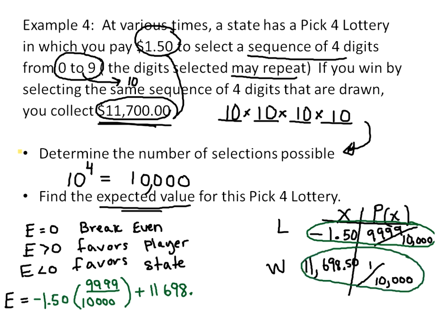Again, we multiply X with its probability. So that's the winning minus what was paid to play the game, and that gets multiplied by 1 over 10,000, which is the probability of winning. That's what the formula tells us to do. For expected value, you take X and multiply it by its probability, and then you add your results. Now, if you put that in your calculator, round that to the nearest cent and tell me what you get.